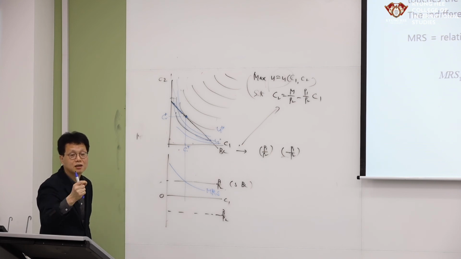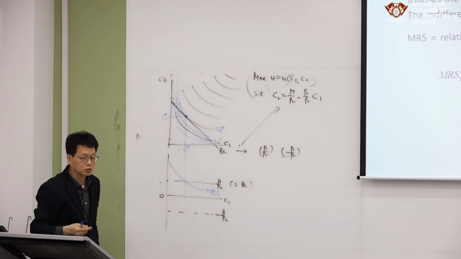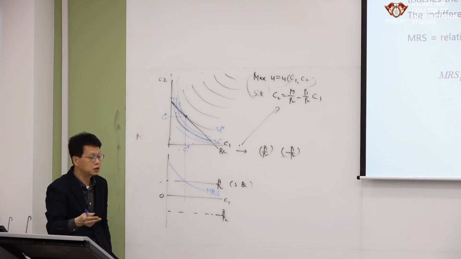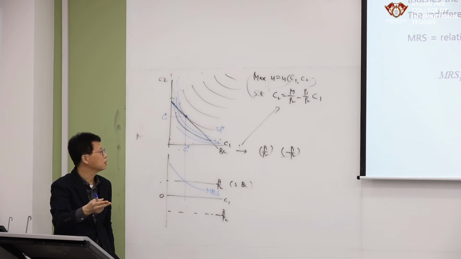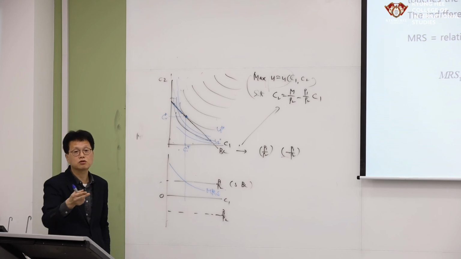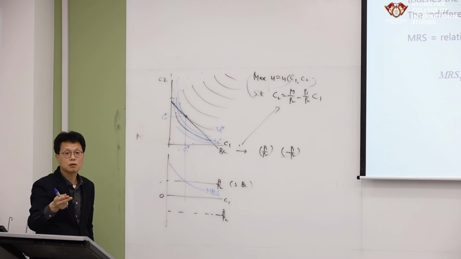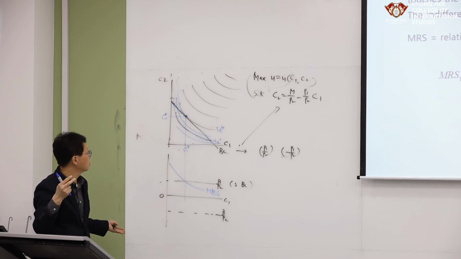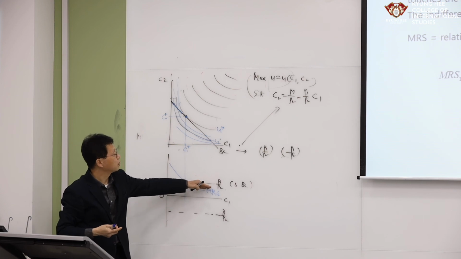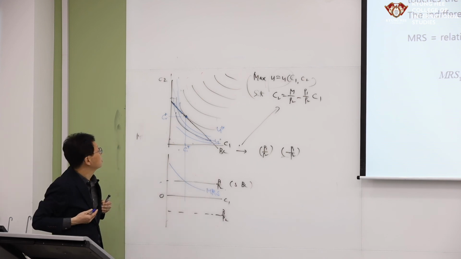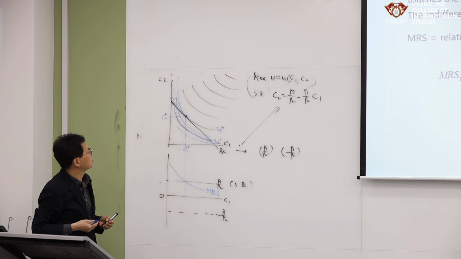For example, a consumer goes to the supermarket to purchase pizza or hamburger. Every time, the price of pizza is $10 and the price of hamburger is $2. So the exchange rate between the two is the same: one pizza is equivalent to 5 hamburgers, every time. But the consumer's valuation is different.